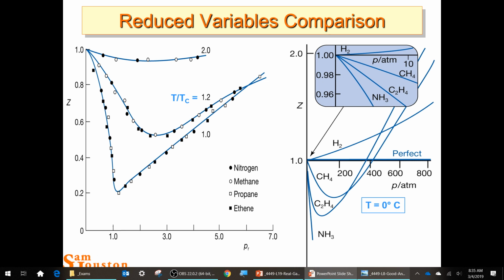This one has a double bond, which is different than the others. Nitrogen has a triple bond. Methane is surrounded by hydrogens. Propane is a bent molecule with CH2s and CH3s. And yet they all fall on the same line. That's pretty cool. That's the principle of corresponding states. If you scale things by their critical temperature, pressure, and volume, they'll behave the same way in the gas phase.